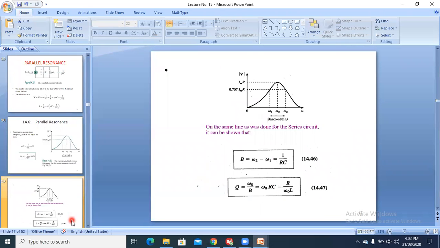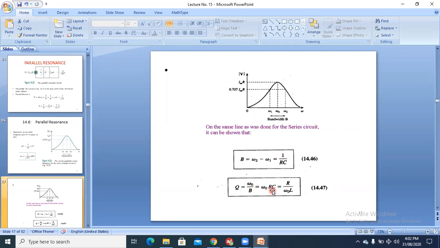So the bandwidth is omega 2 minus omega 1, which is equal to 1 by RC, and Q is equal to omega naught by B. We put the value of B equal to 1 by RC.